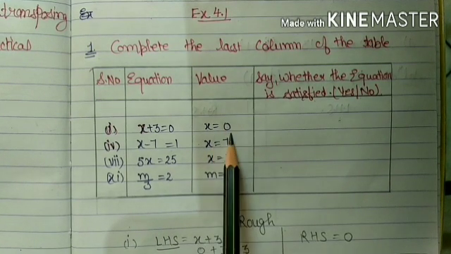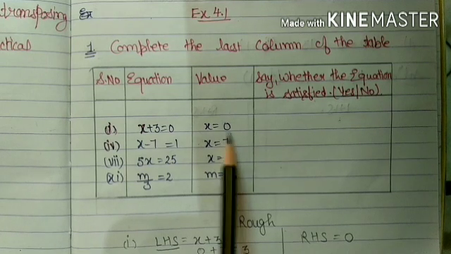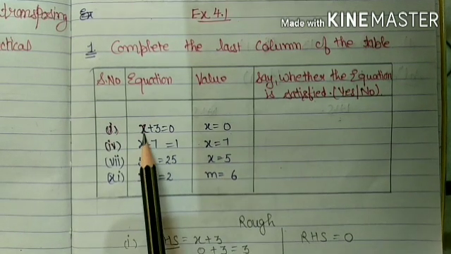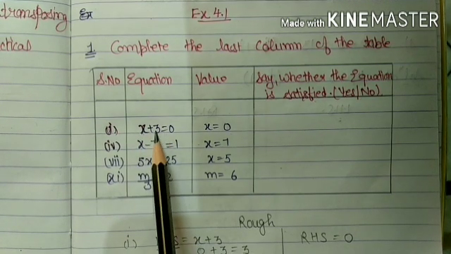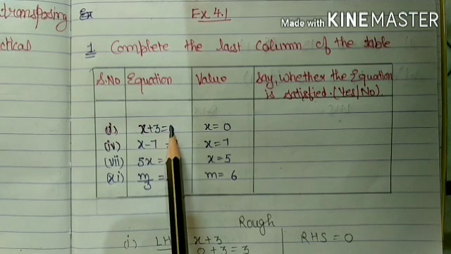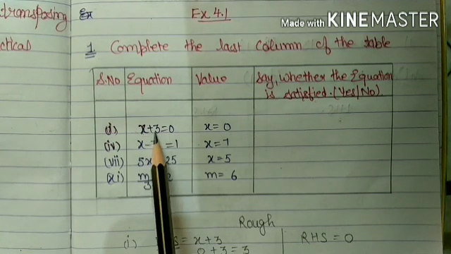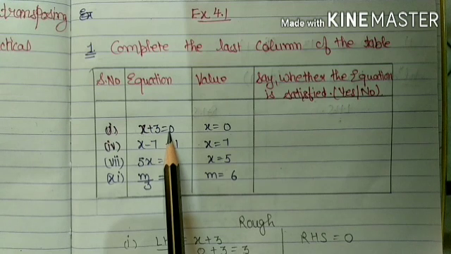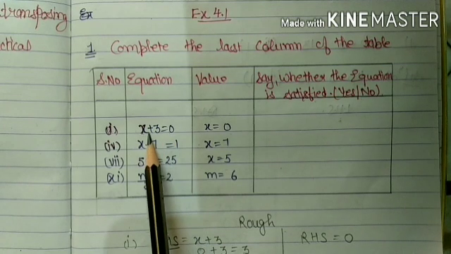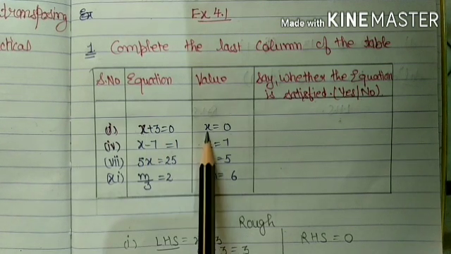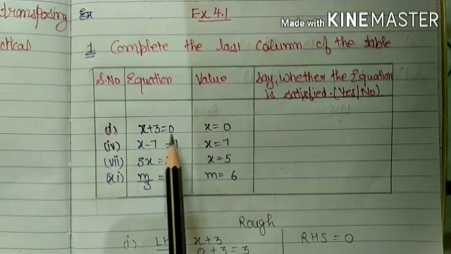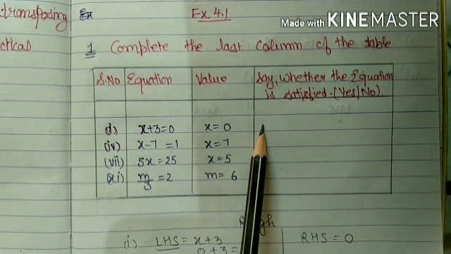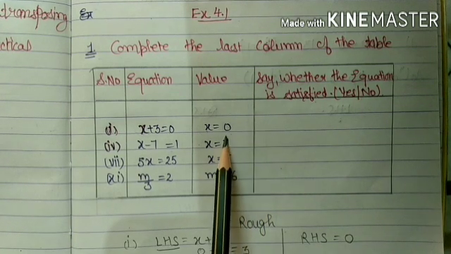If a value is given, you put that value in the given equation. Then check whether the left hand side and the right hand side of the equality come out equal or not. If by putting the value of the given variable you get both sides the same, then you say yes, otherwise it will be no.